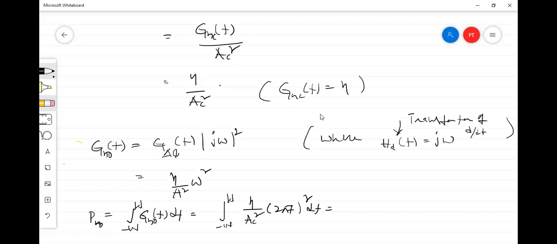Then what do you get here? Eta by AC square, and this simply becomes how much?